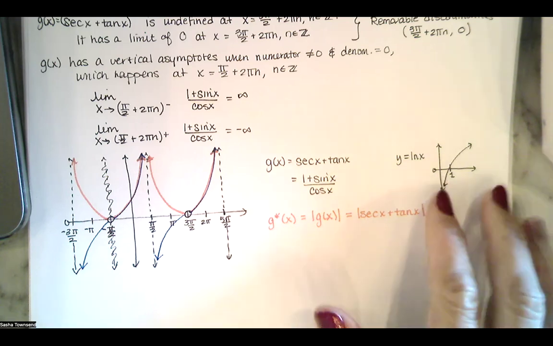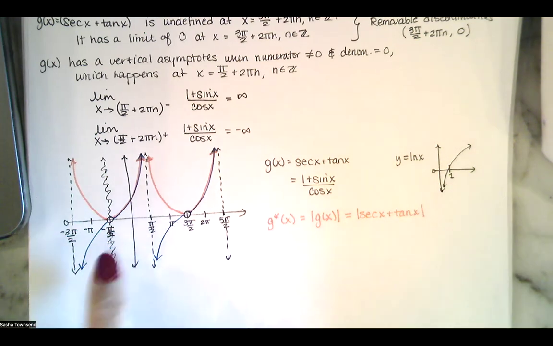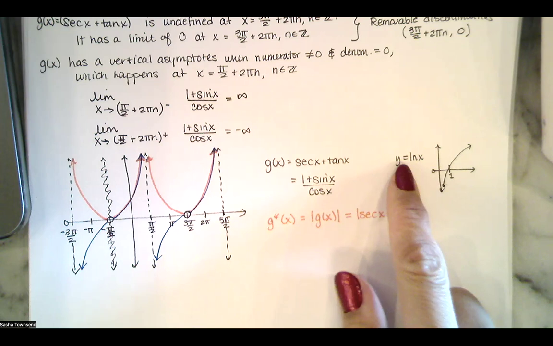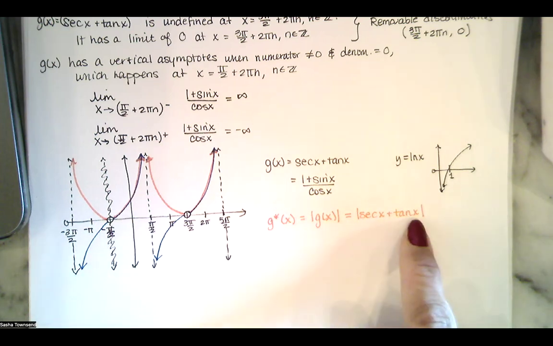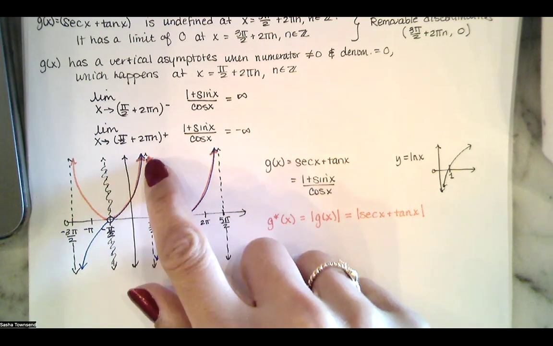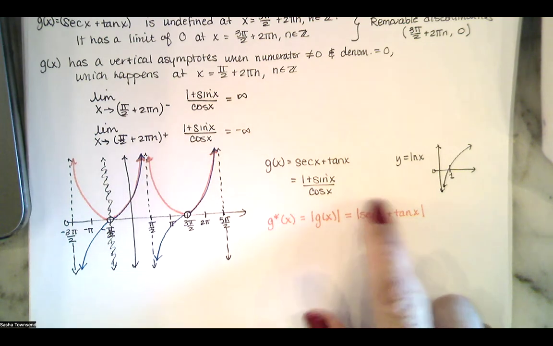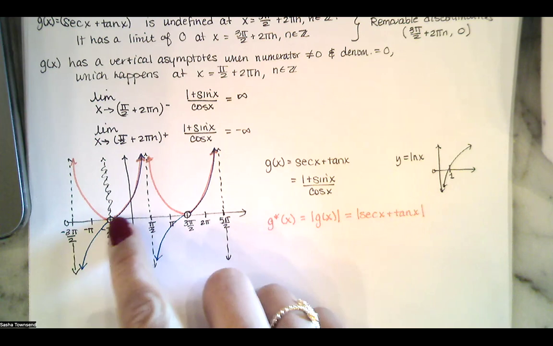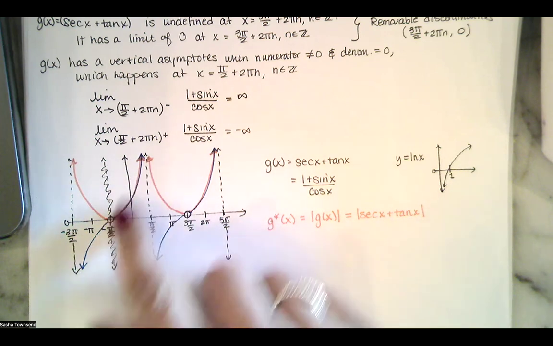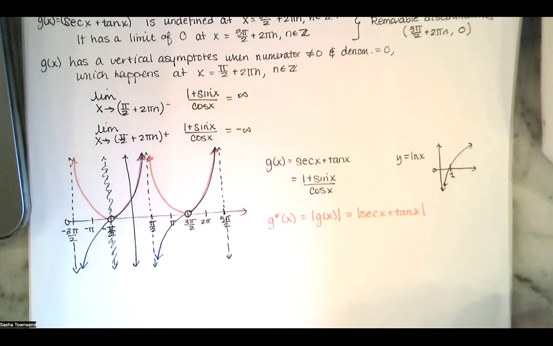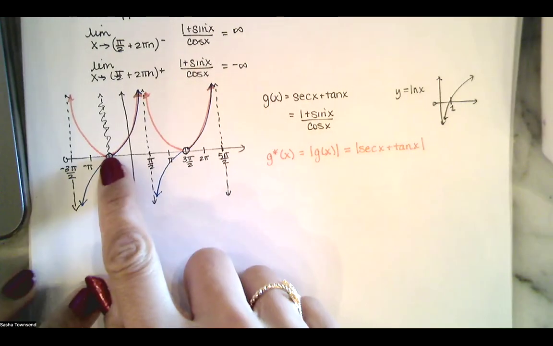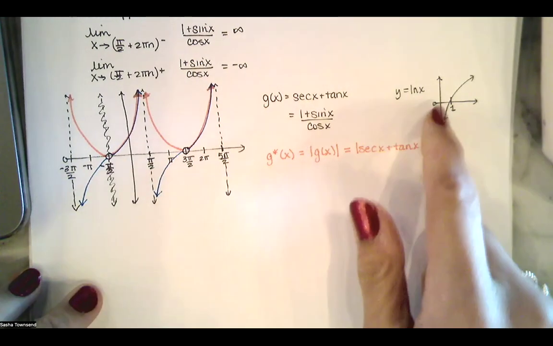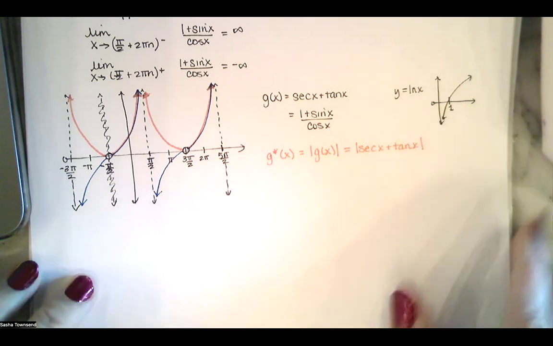You say, okay, with that in mind, what's going to happen to the natural log as the y values on the graph of the absolute value of secant of x plus tangent of x go to infinity? If I take the natural log of something like this, I'm going to get something that's also going to infinity. Now, as what's inside approaches 0, then my logarithm should approach negative infinity.